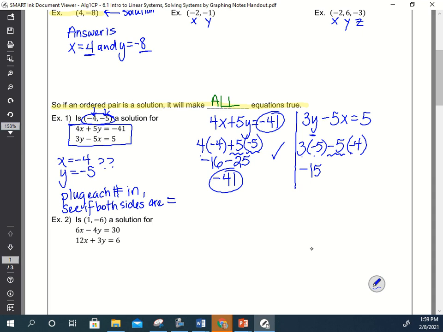Then -5 times -4 gives you what? Try that again. I like the 20. So remember, if you have a negative times a negative, what's that? Negative times negative is positive. -15 plus 20 is 5. Which means those match. So your answer is yes.